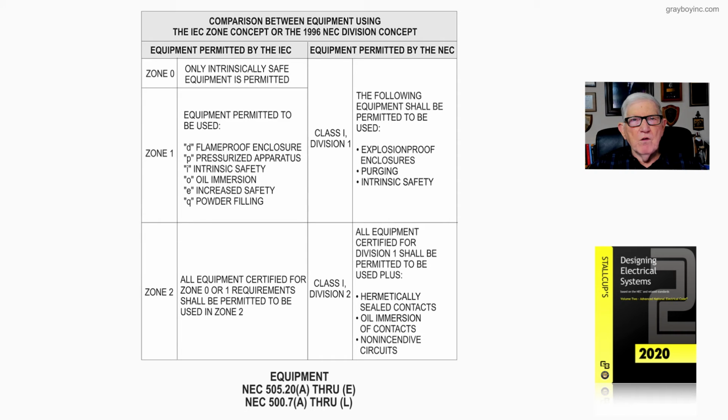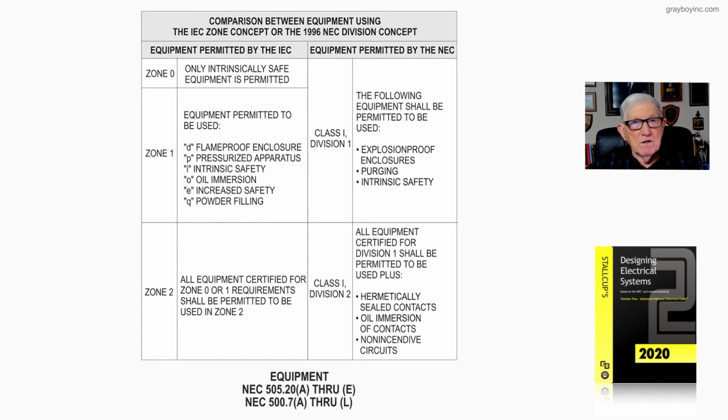Now this is 501.105 of the NEC and 501.150 of the NEC. But this gives you a comparison of the equipment used in the zones and equipment used in the divisions, depending on which method you use.